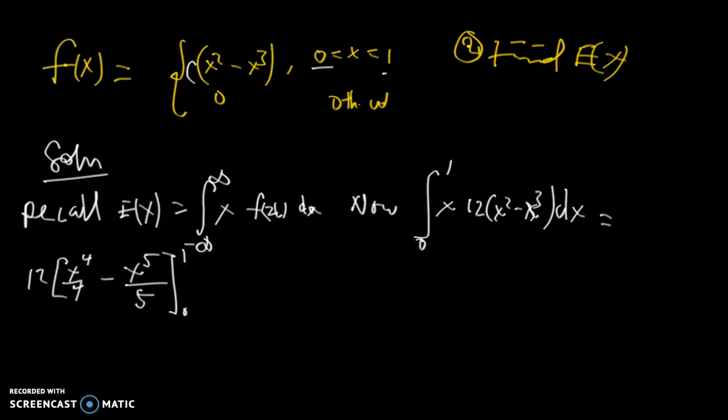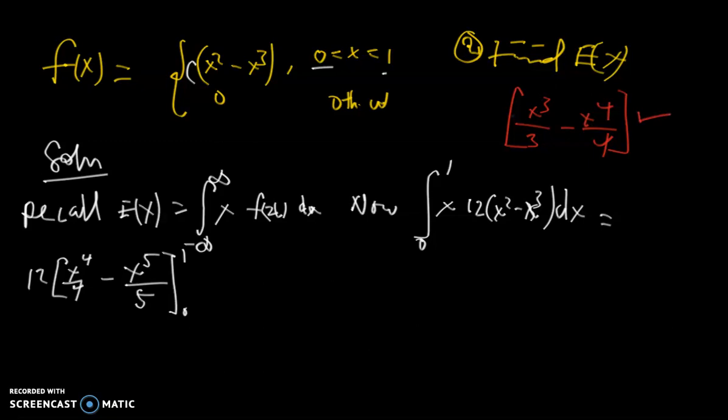Pay attention here: we are simply integrating what we got earlier. When we integrated x squared minus x power 3, we got x power 3 divided by 3 minus x power 4 divided by 4, and this is what gave us 12c. So this is exactly what we are integrating.